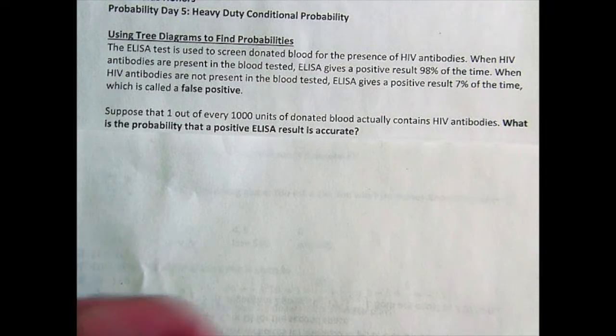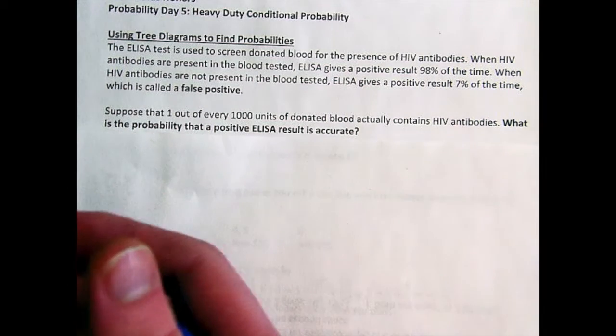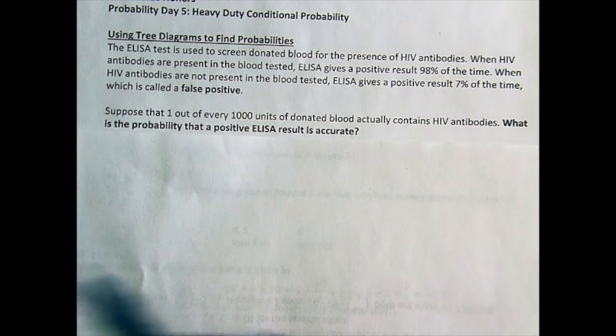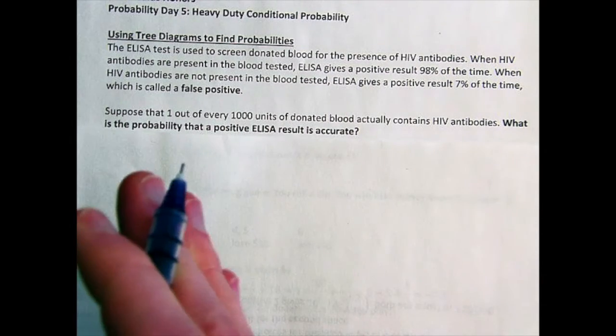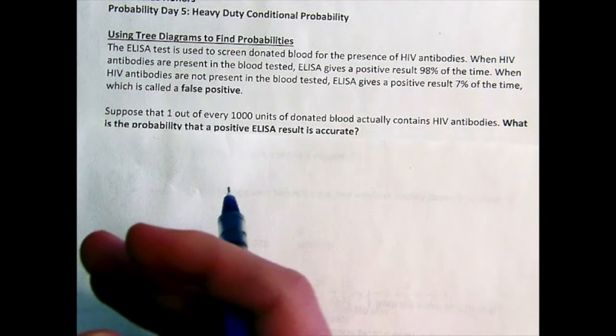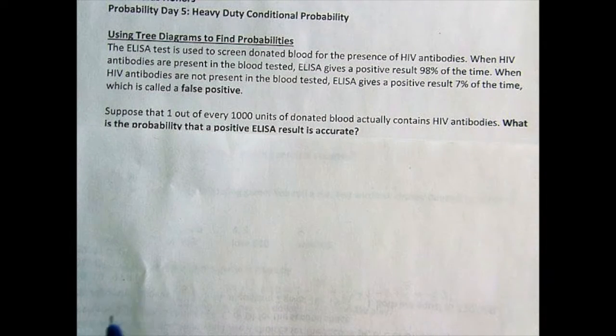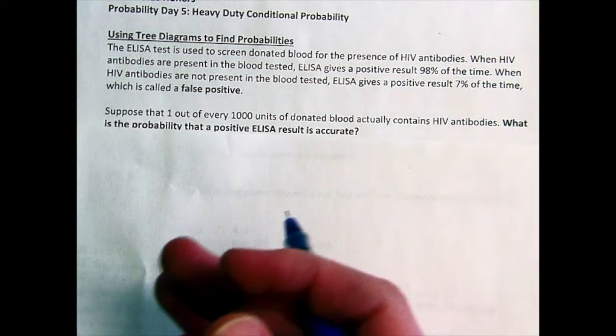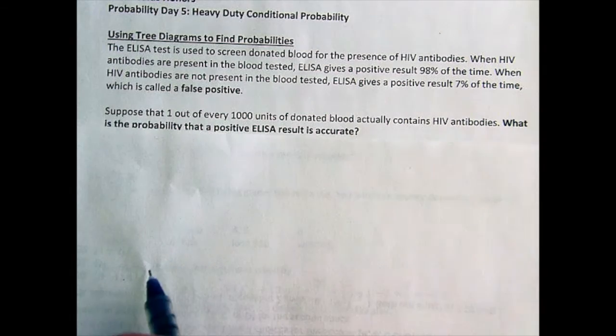And then beyond that, whether they have the infection or not, they could test positive or test negative, because the test isn't perfect, it makes mistakes. So there are two splits in our diagram, one corresponding to whether or not the person has the disease, and one to whether the person tests positive or negative.